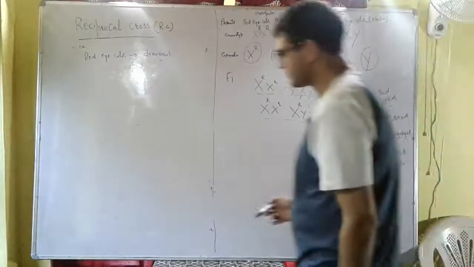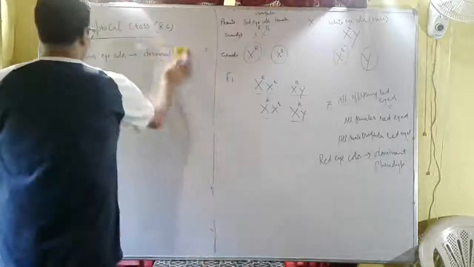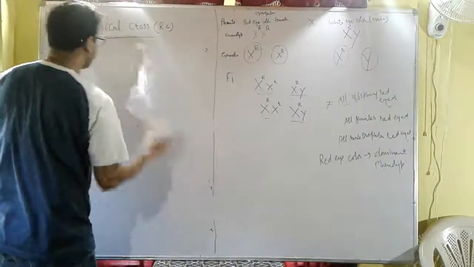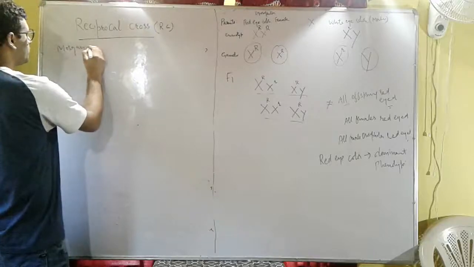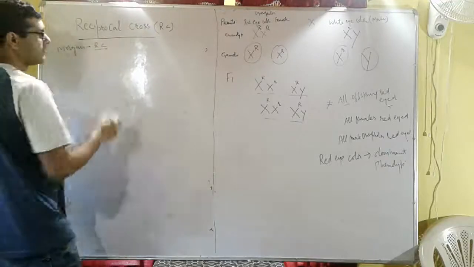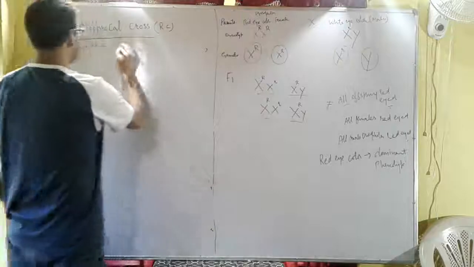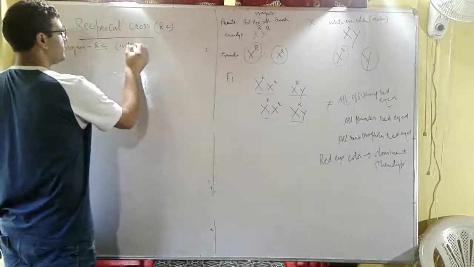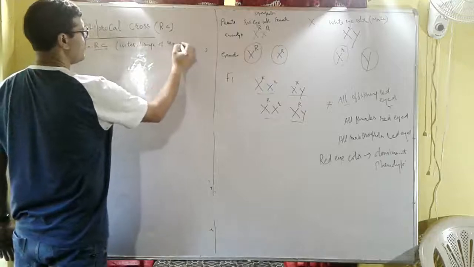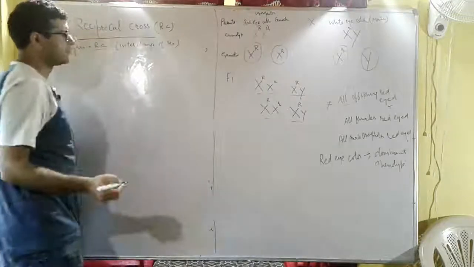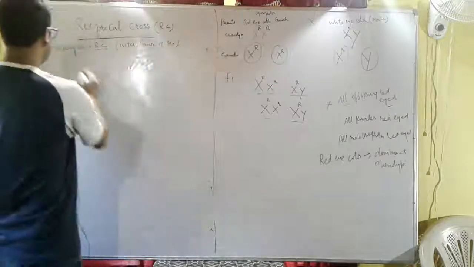Now we'll perform the reciprocal cross. Morgan performed the reciprocal cross. In the reciprocal cross, there is an interchange of sex compared to the original cross. So we have the parents.